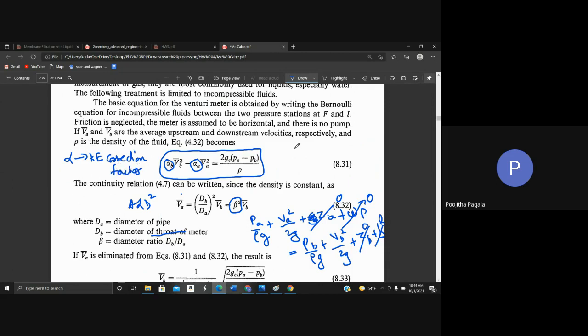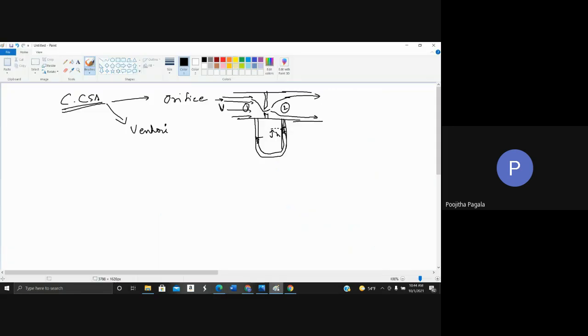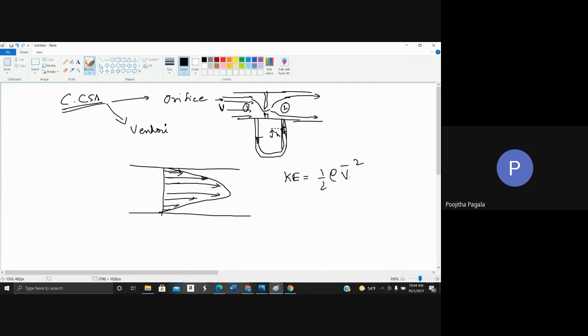So let us discuss why we need a kinetic energy correction factor. Let us say we have fluid flowing in a pipe and the velocity profile is this way. So when you have fluid flowing in a pipe in this manner, you want to express kinetic energy as half rho V bar square, where V bar is the average velocity.